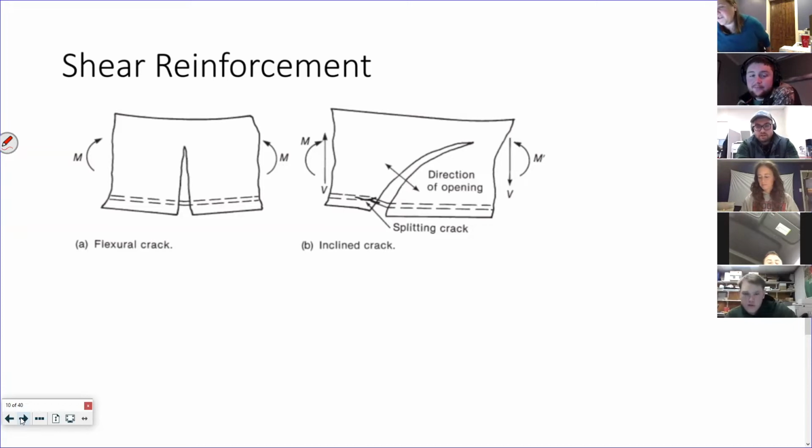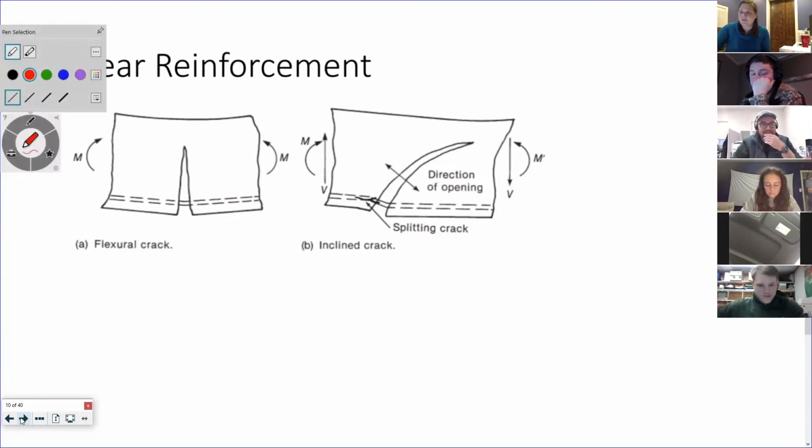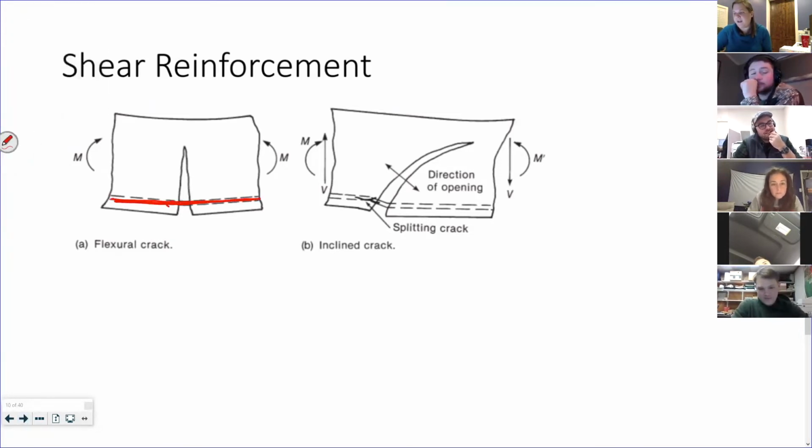Okay, here's our flexural crack at the center. As you get more towards the outer edges of your beam, you increase your shear force. You're going to increase your shear stress, and you're going to have an inclined crack. So if I have a tensile force here, I added my reinforcement along that line of action.